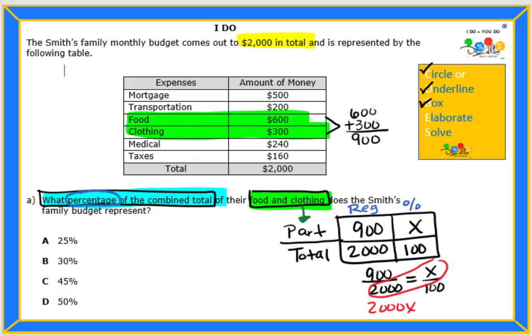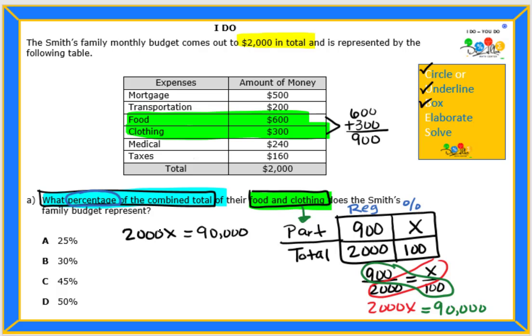And that is equal to 900 times 100, which is 9 with 4 zeros, 90,000. Okay, so we have a one-step equation now, and we can solve our one-step equation to find the value of x. So 2,000x is equal to 90,000.